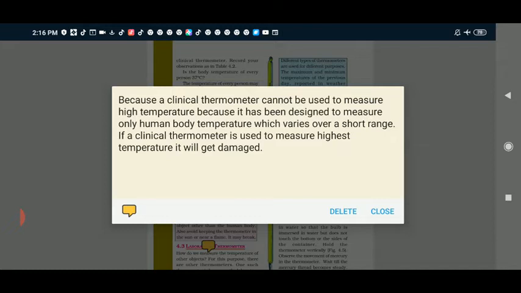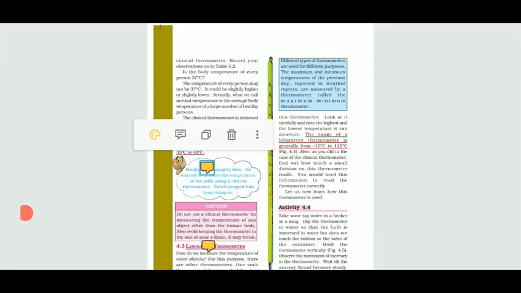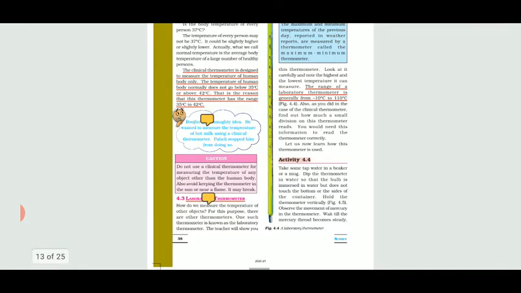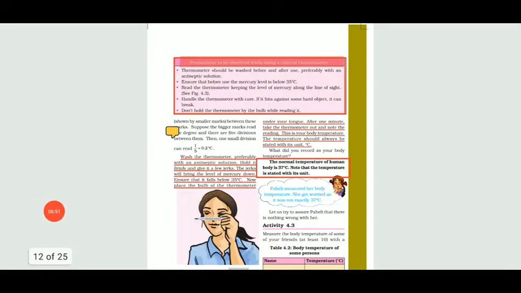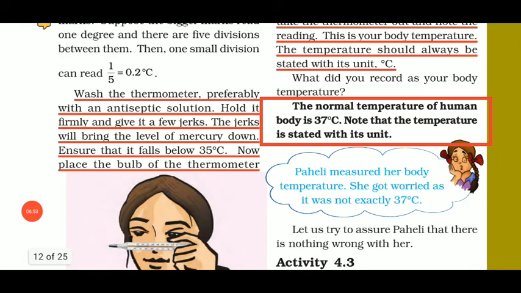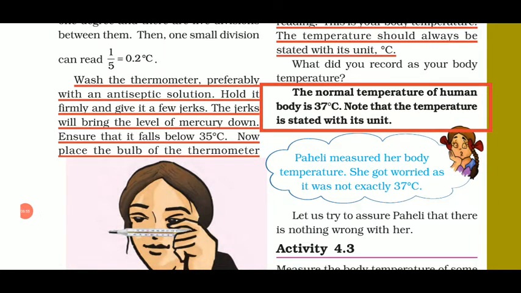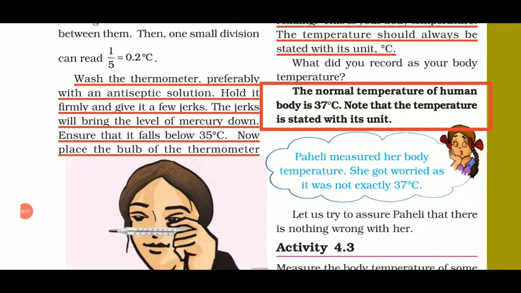And the fact is that the temperature of the human body normally does not go below 35 degrees Celsius or above 42 degrees Celsius. And an important point to remember here is that the normal temperature of the human body in degrees Celsius is 37 degrees Celsius.